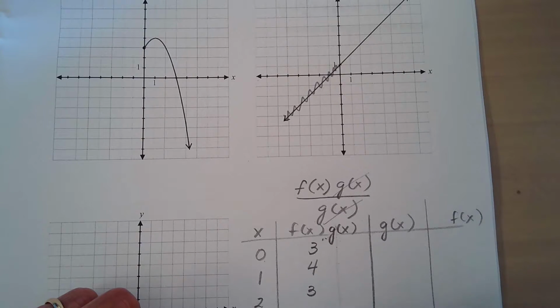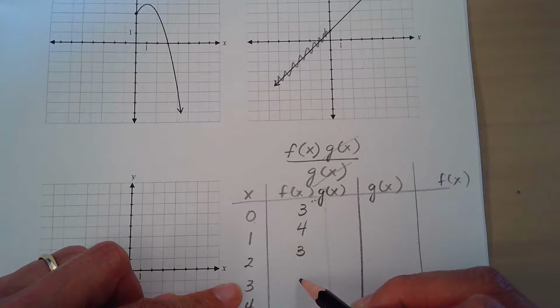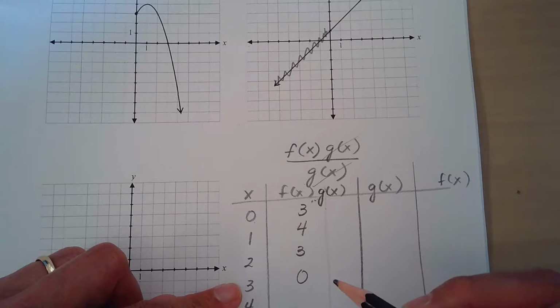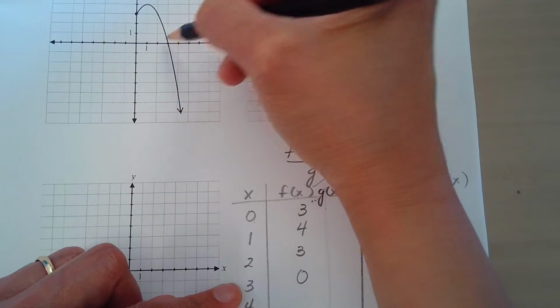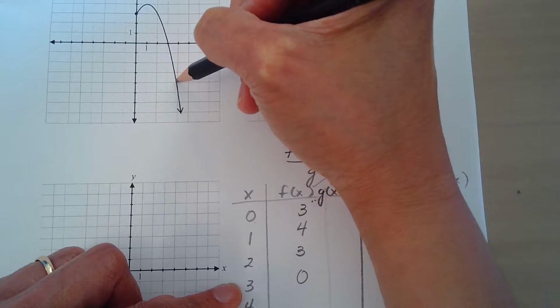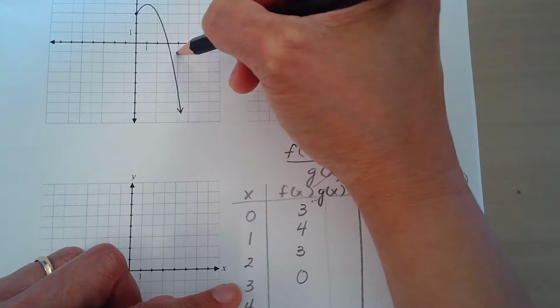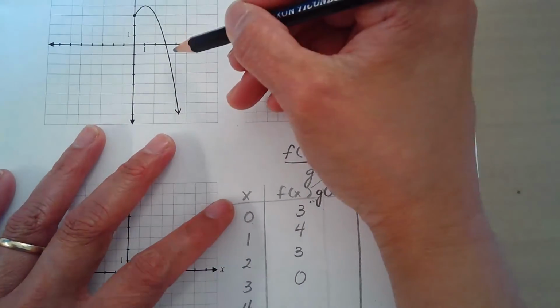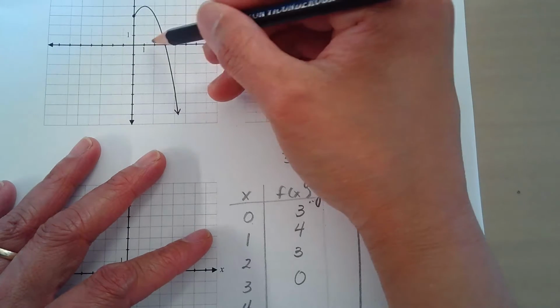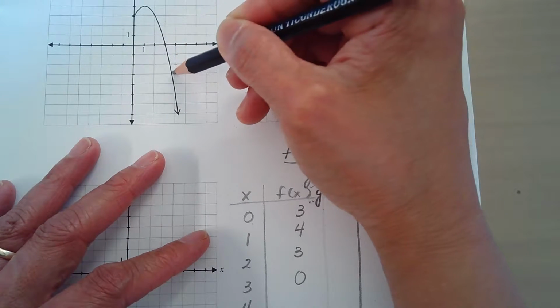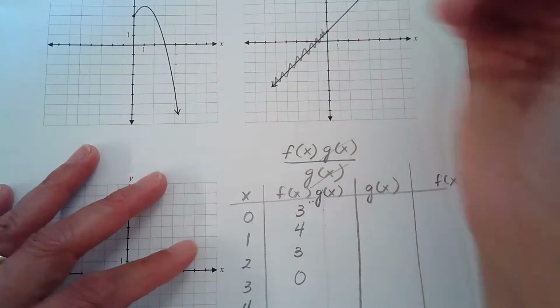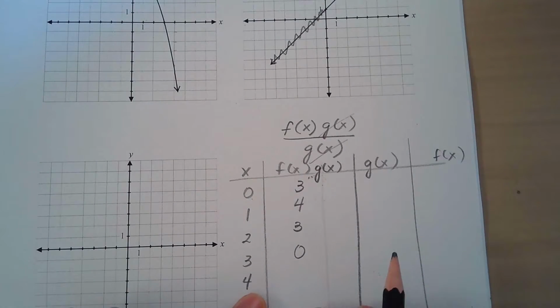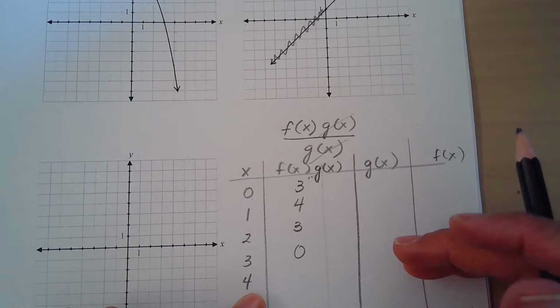Okay. If x is 3, what is the value of f times g of x? 0. If x is 4, it would be a negative, 4 point something. Okay, we'll leave it at that for now.